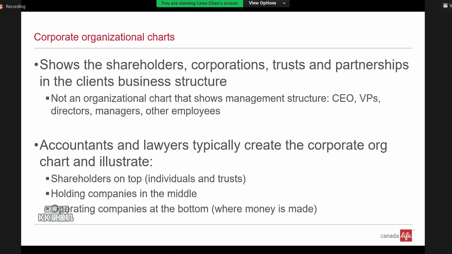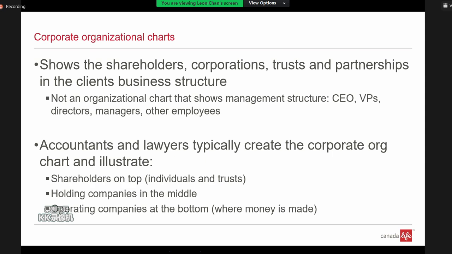So, corporate org charts, right? Like I said, one of the most important things that we usually like to gather and see at the very start. It really helps us understand what the situation of the client looks like and how they hold their corporate structure, right? In some conversations that Connie and I have, we hear that there is a holding company, there is an operating company, and there is a trust, though we don't see the org chart.